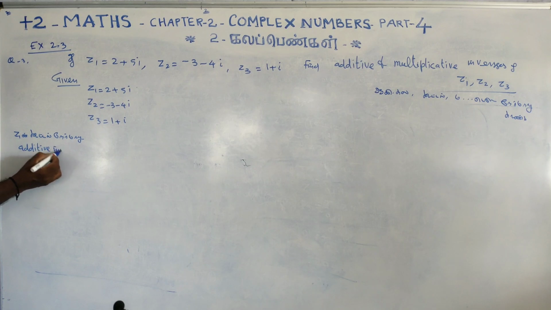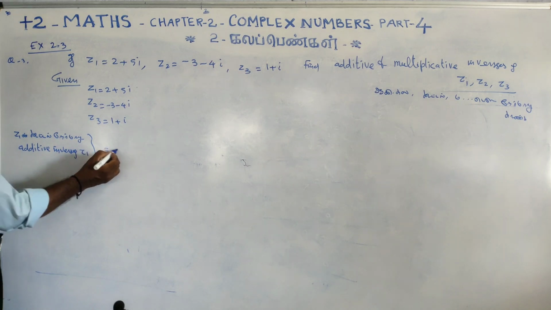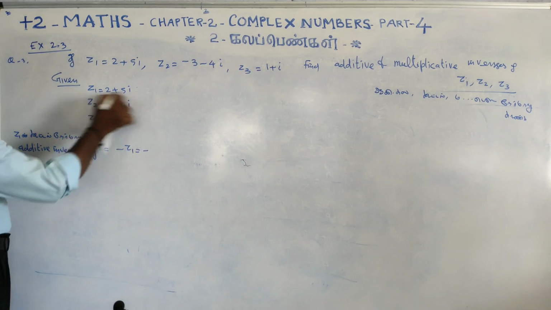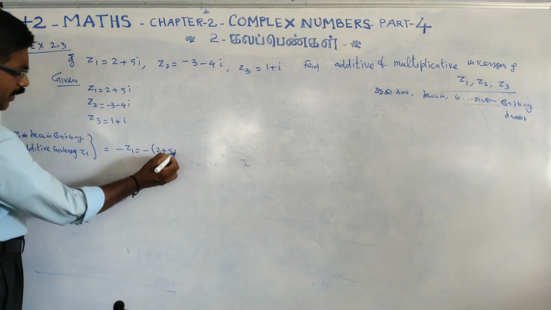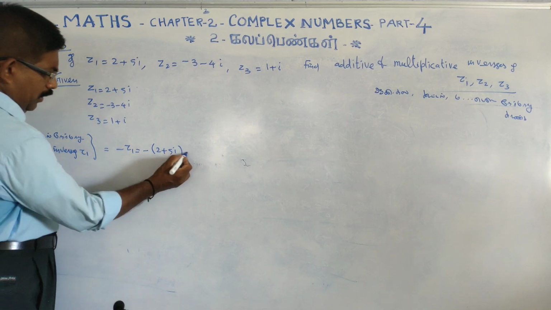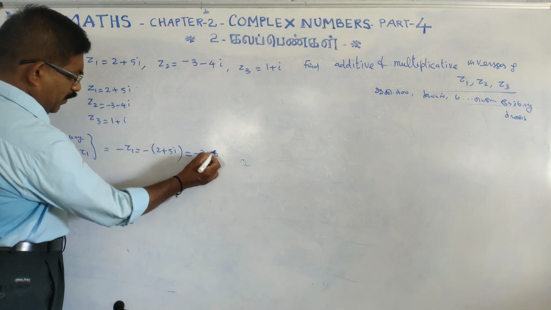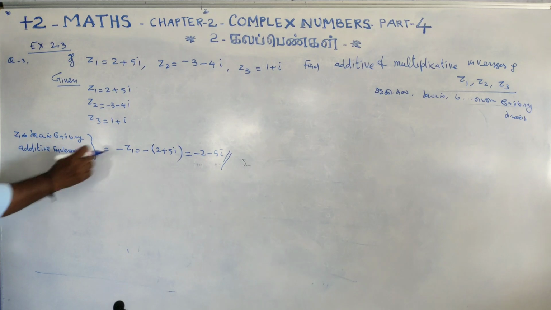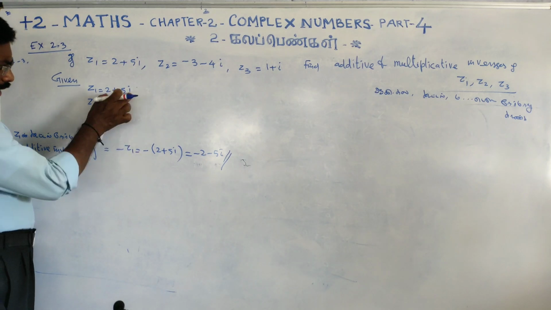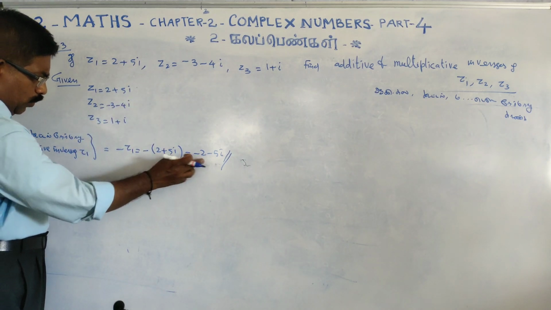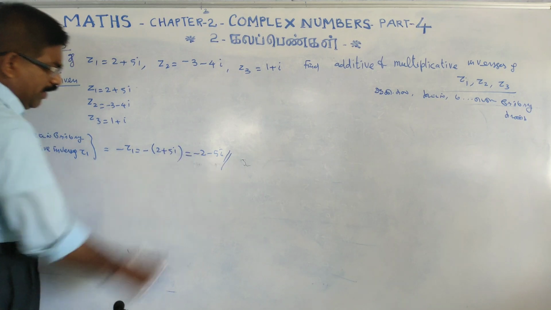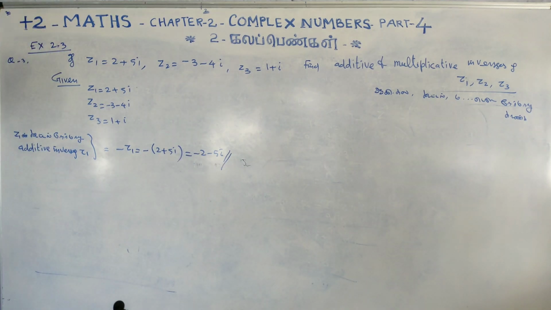What will it be? Minus z1, minus 2 plus 5i. Change both signs: minus 2 minus 5i. This is the additive inverse, கூட்டல் நேர்மாறு.